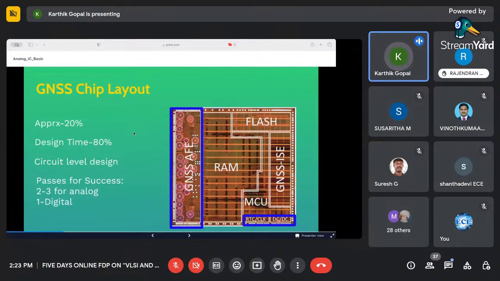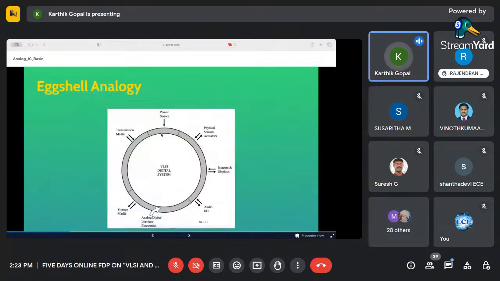This picture would have given you a very good idea about how much portion analog takes. If you take any function, this remains the case. Let me give you an eggshell analogy, which shows the importance of analog in any application.